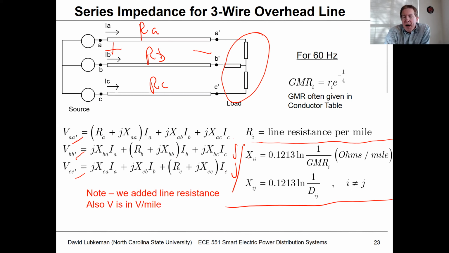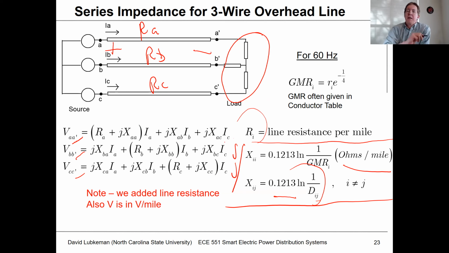So Xii is 0.1213 times the natural log of 1 over the GMR. This is in ohms per mile now. And then Xij is 0.1213 times the natural log of 1 over Dij, for the off-diagonal terms. So again, this is all functions of spacing. And then if I have the wire resistance in terms of ohms per mile, then I could add that in for wires A, B, and C.